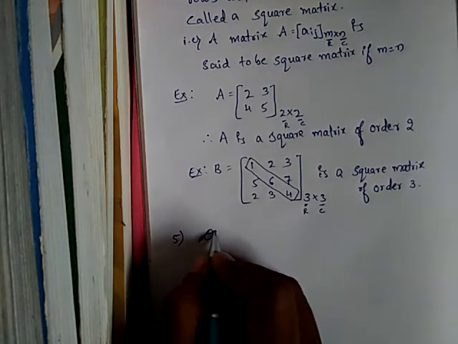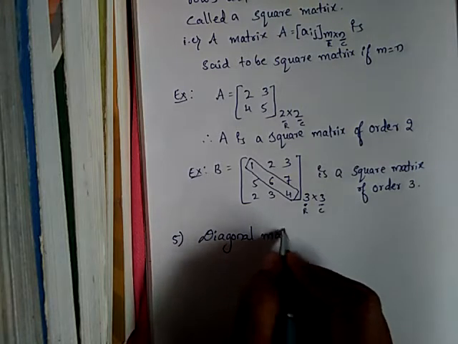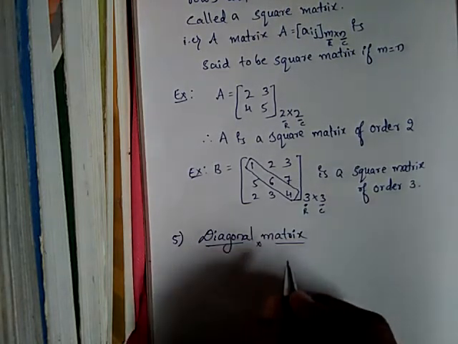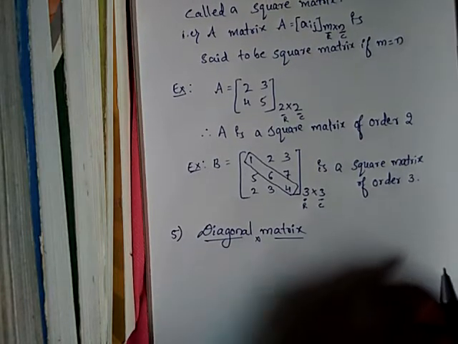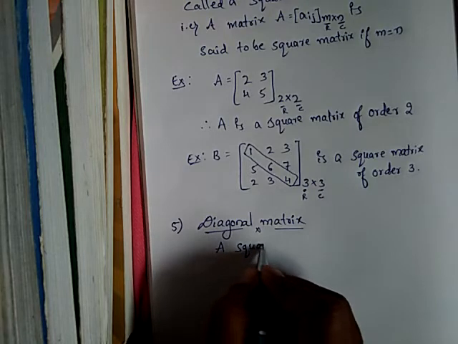So here, diagonal matrix. What is this diagonal matrix? We will say. Okay, so diagonal matrix means what? A square matrix. It is also a square matrix.